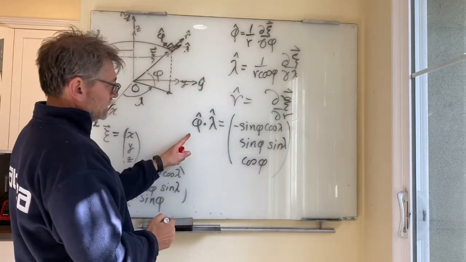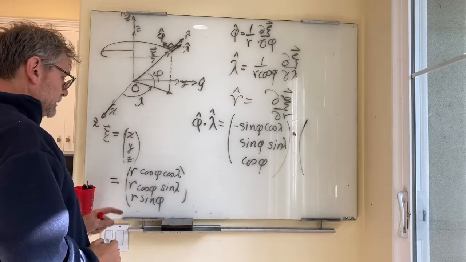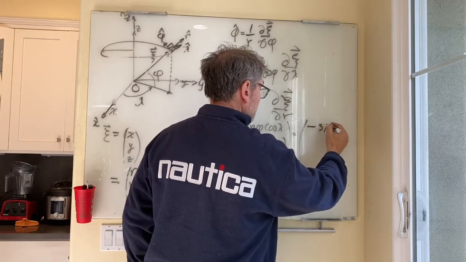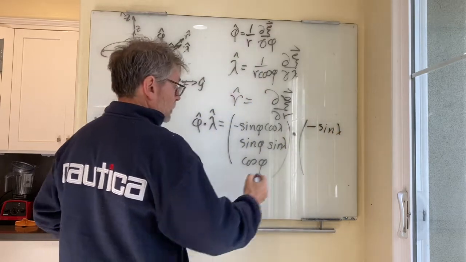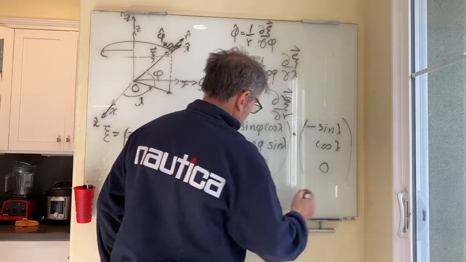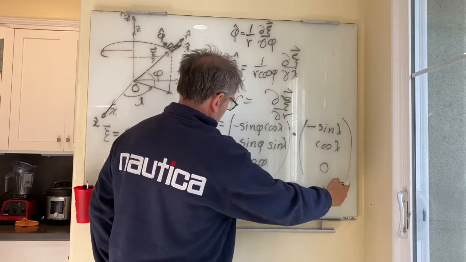So this is phi hat dotted with the lambda hat. Lambda hat is going to be minus sine lambda, cosine lambda, and 0. Remember, this vector is phi hat, and this vector is lambda hat.